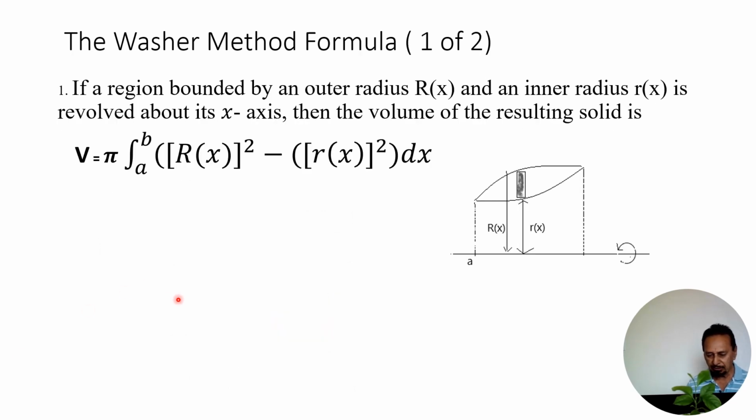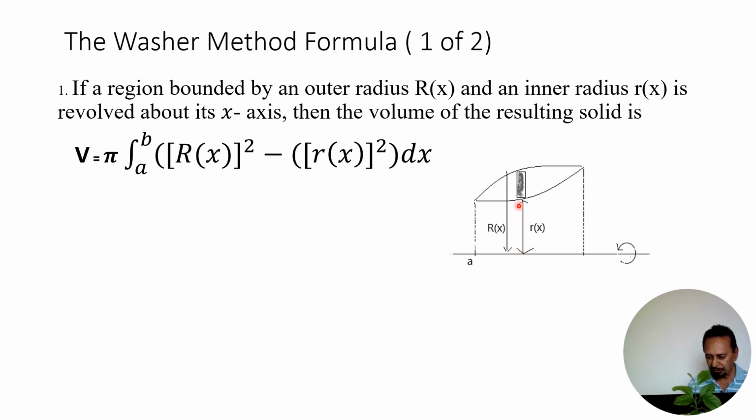What is the washer method? Well, it's a region bounded by an outer radius. So this is your region, and this is R of x. As a matter of fact, from this line, this is R of x. That's the uppercase R, and that's the outer radius.